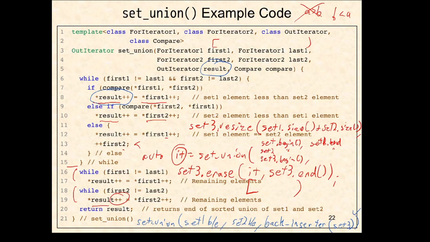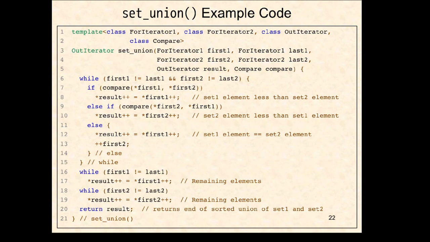Okay, so I haven't seen any questions yet, so I'm going to go ahead and erase all of this stuff, and we're going to look at changing this. Okay, so we'll change the name to set intersection. Okay, so we change the name, then we've got to change what happens.